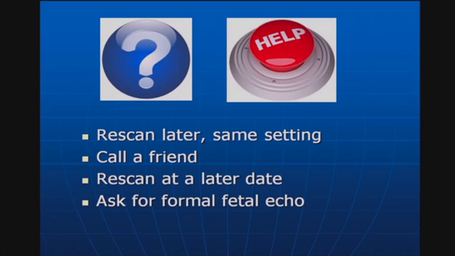So rescan later, maybe at the same setting, go to the other room, go do something else, come back, reschedule the patient in a week from now. Don't let it go if you really can't see these. Call a friend, call another sonographer, call somebody into the room, rescan at a later date, or ask for a fetal echo. Thank you very much for your time, and I hope you enjoyed this presentation.